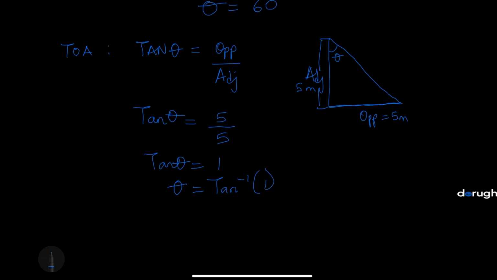Let's see if we can find out what that is with our calculator. Tan inverse of 1, and that means that theta is 45 degrees.